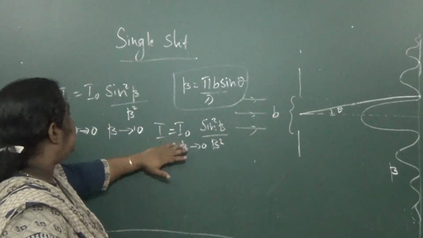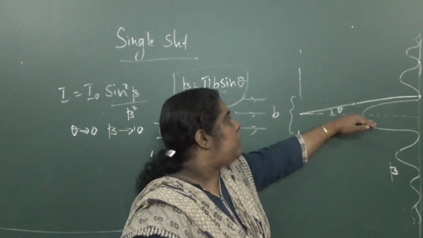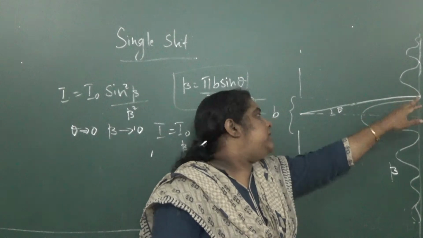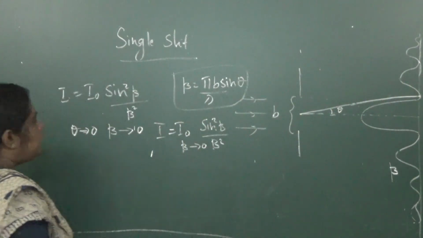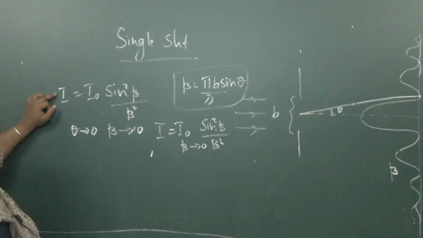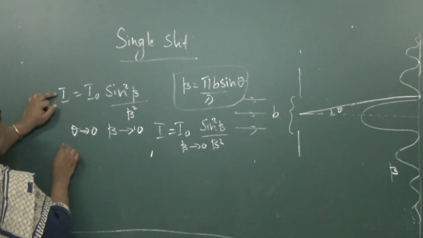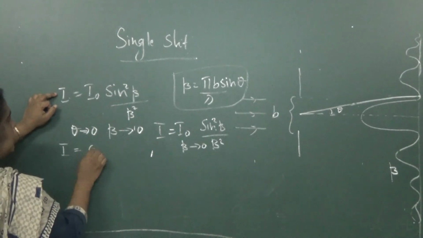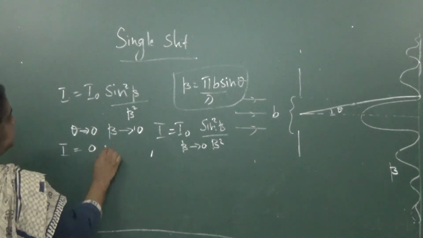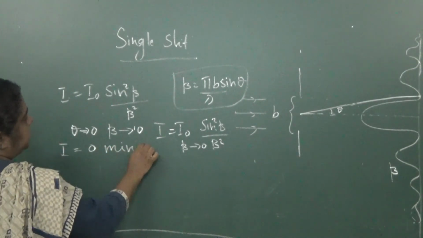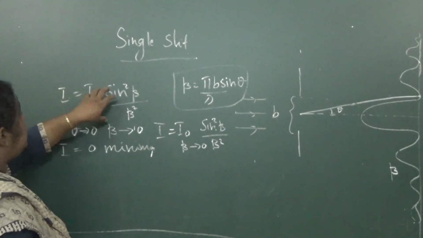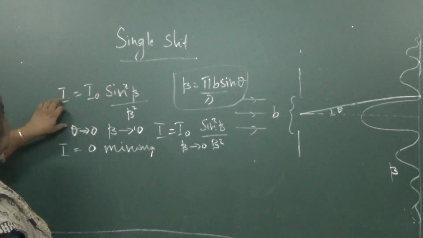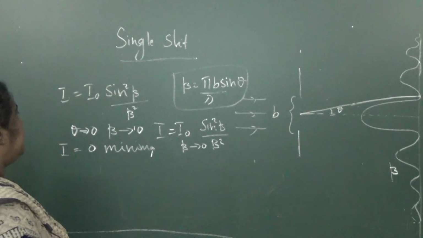Now what about the condition for the first minima, secondary minima, then secondary maxima? At minima we know I should be 0, or this function should be minimum at some value of beta.